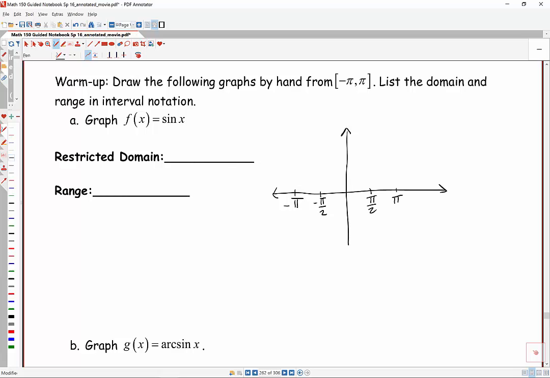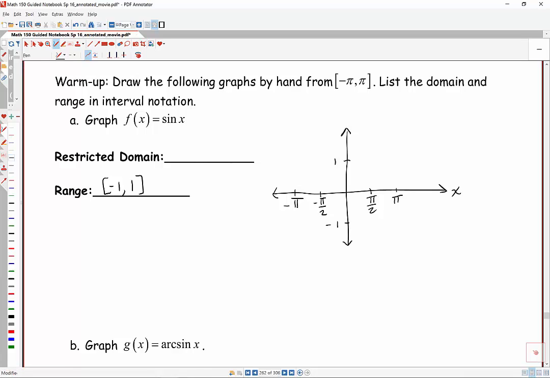All right, remember that the range of the sine function goes from where to where? Good, it goes from -1 to 1 inclusive, okay? And here we'll have our 1, and we'll have our -1.